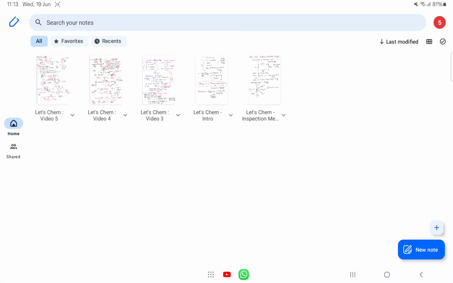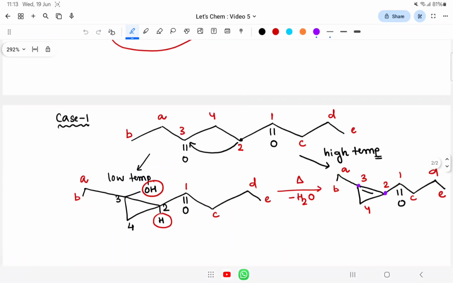So if you see this angle, guys, the hybridization of the second carbon atom is sp2 hybridized, and this one is also sp2 hybridized.